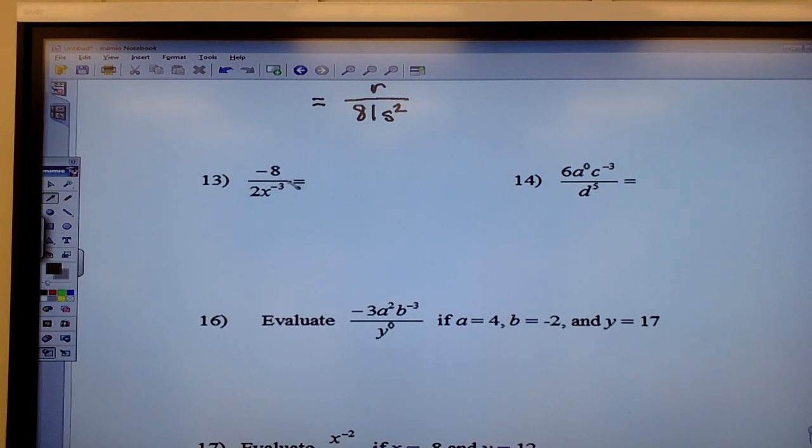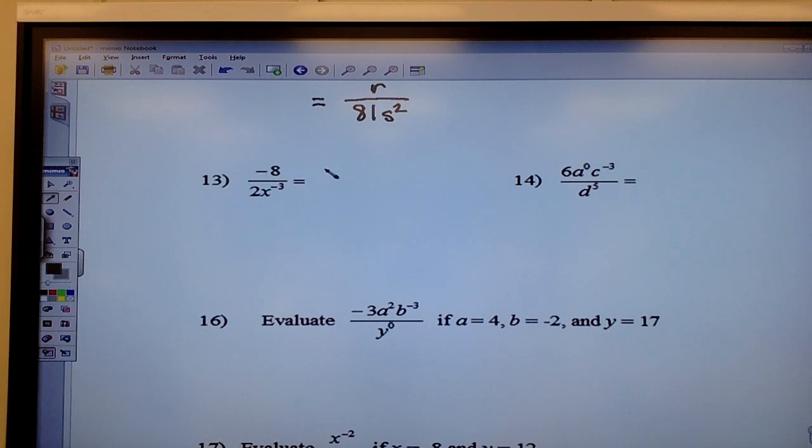Now, does negative 8 move? Good. No, it does not. The actual term being negative has no effect on its exponential factor, okay? But notice here at the bottom we have an x to the negative 3. So we are going to move that to the top with the negative 8.